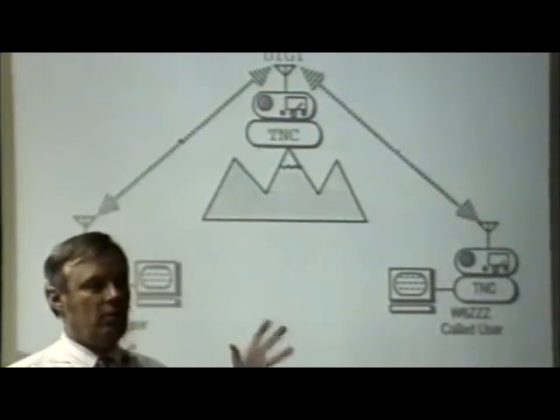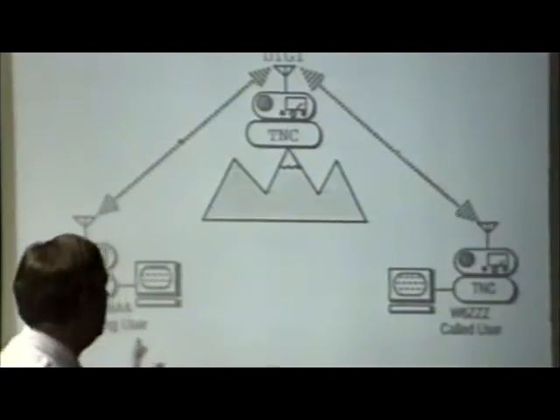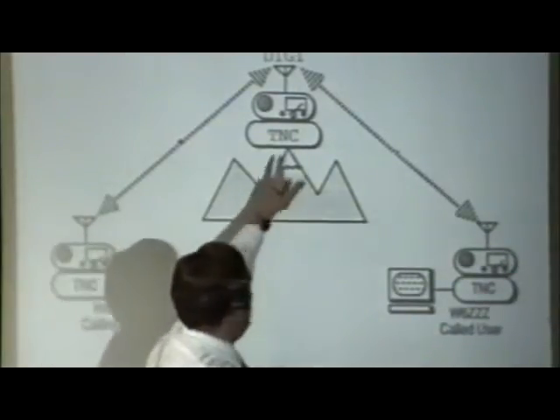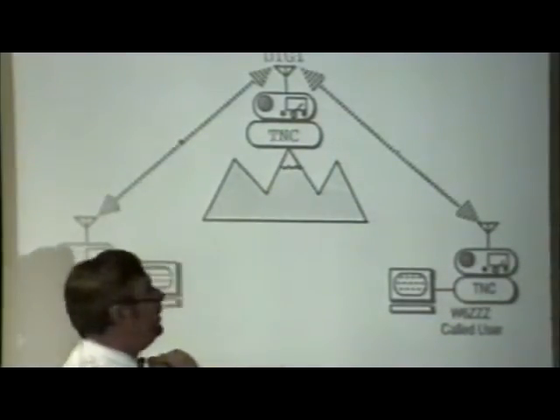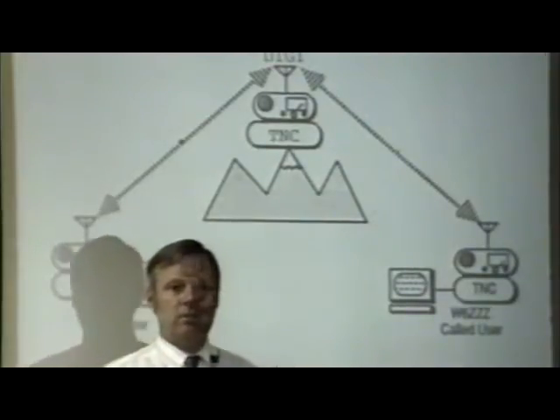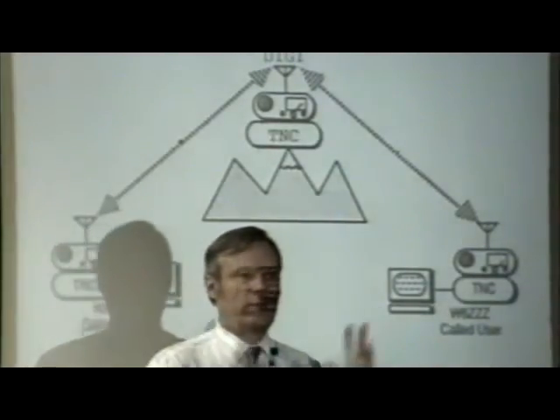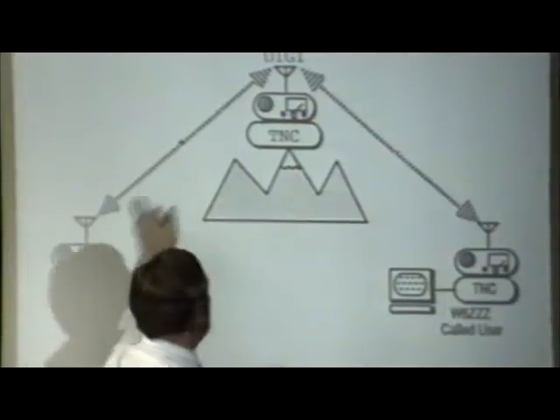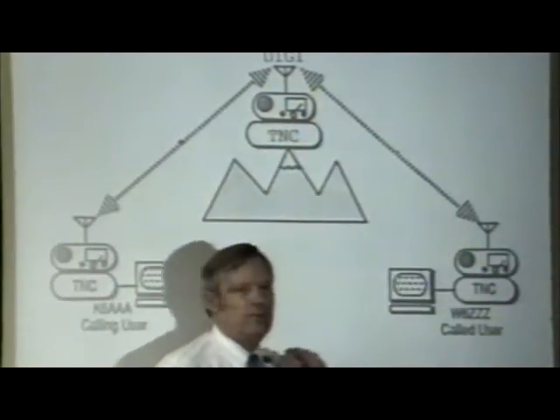We have one exception called a crossband digi, and we'll get into that a little later on. So what is kind of neat about this is you don't need cavities. You don't need all that stuff. You don't have desense problems because you receive and then you transmit.